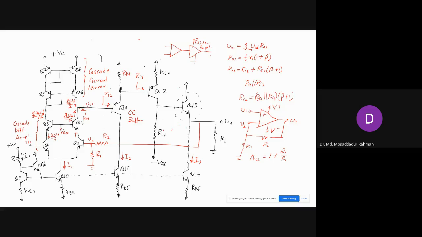That will be in common collector configuration, which can maintain the voltage level but boost the current, giving you the power or current that is needed by the load.